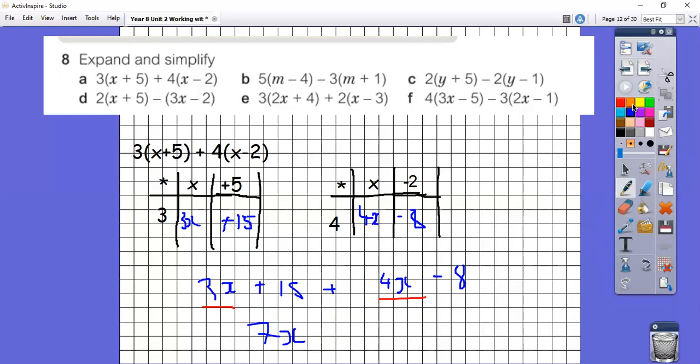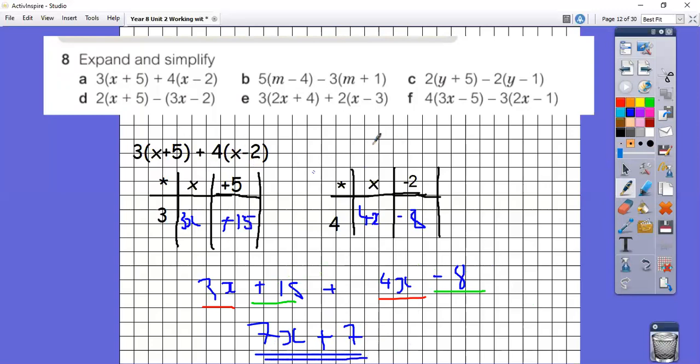Let me just underline these again in a different color. So positive 15 and the negative 8, 15 take away 8 is a positive 7. So this simplifies now to 7x plus 7.